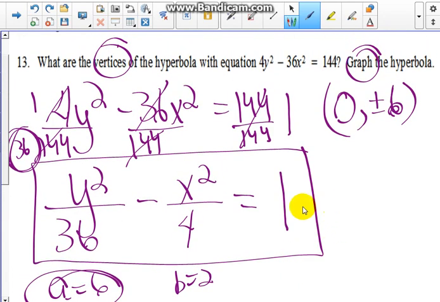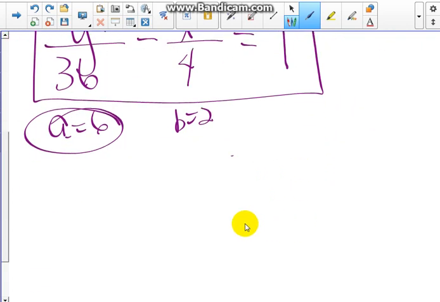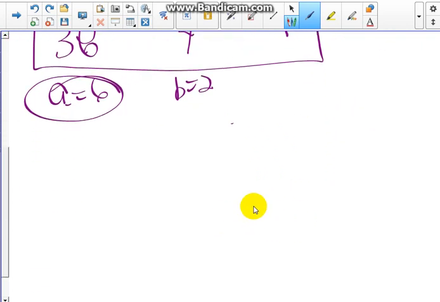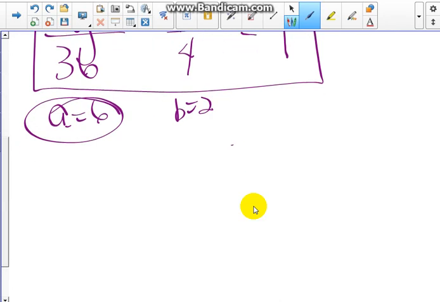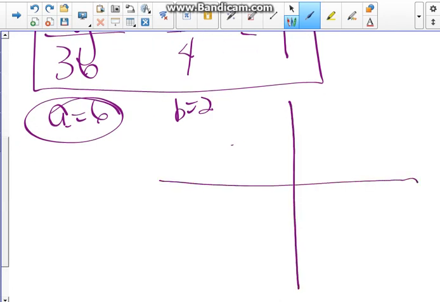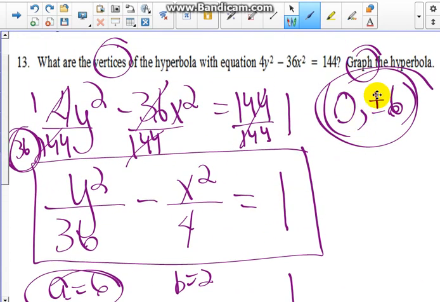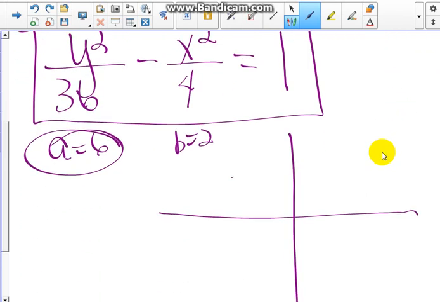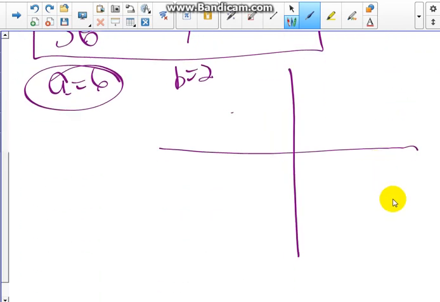And we know the vertices, the vertex of each hyperbola. So now we're going to graph it. Our vertices are at (0, 6) and (0, -6). So let's plot a positive 6 and a negative 6. So we've got vertices here.